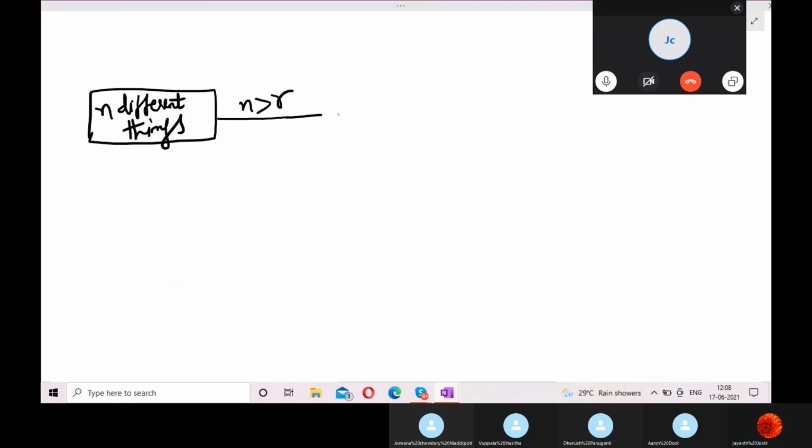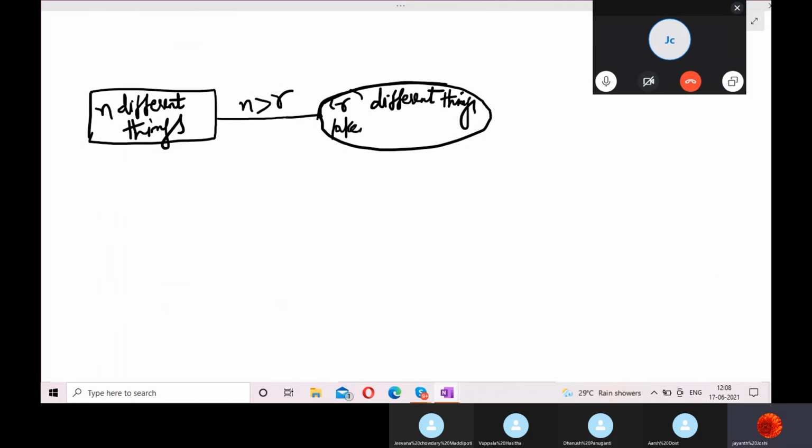Now r different things taken at a time for each arrangement. So what will you get? The total number of such arrangements.